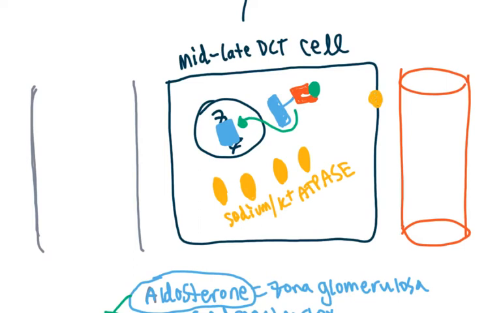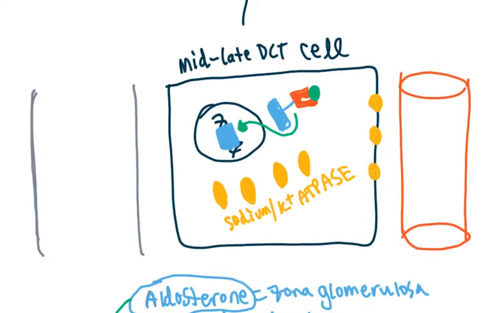near the peritubular capillaries. And the reason being is because remember, aldosterone secretion was triggered by low sodium levels in the blood and high potassium levels in the blood. Those were the two main triggers. So let's write that down. It's triggered by low sodium levels in the blood and high potassium levels in the blood.